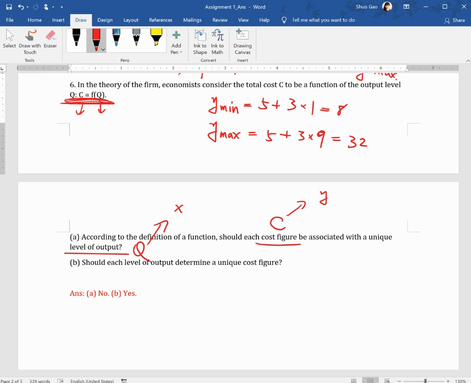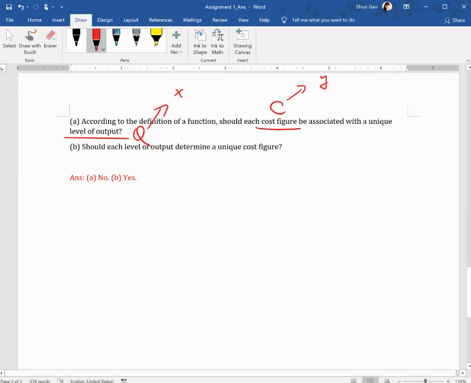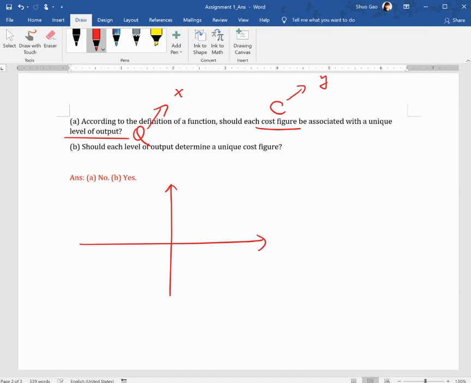So this question just means, should each y be associated with a unique x? And the answer is no, it doesn't have to. Why? Because, as I said, there's an example in our chapter notes when I talk about that in the video, that this is a quadratic function, right?